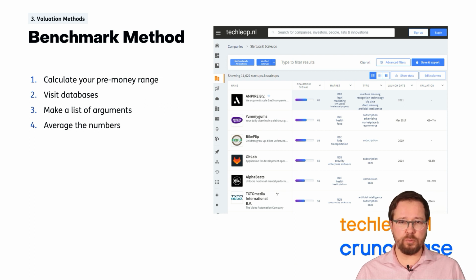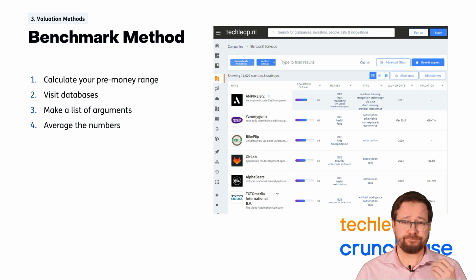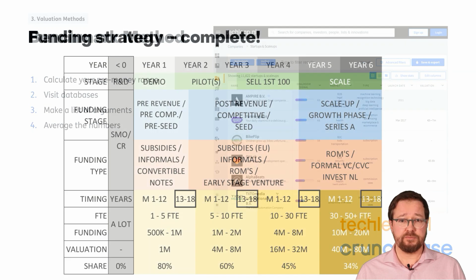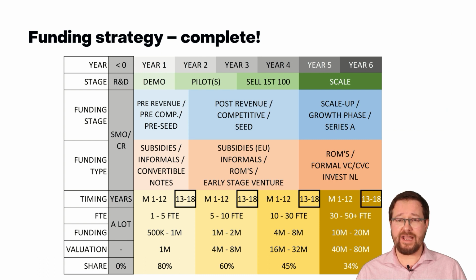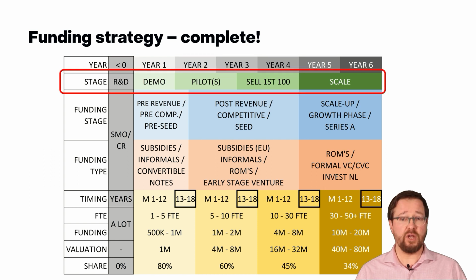This gives you a strong position because now the investor needs to explain why they deviate from the market, if they intend to do so. And with this last step, we have completed the picture, your funding strategy for the next few years. We have a funding strategy for the next 6 years of your company. We have a set of milestones during that period.